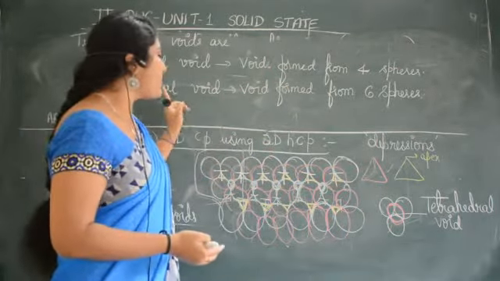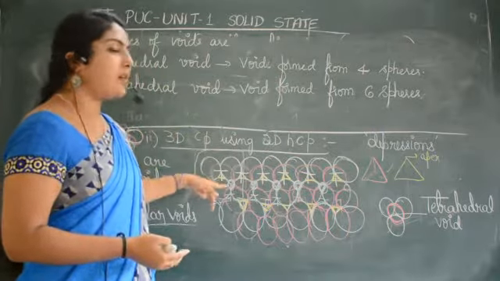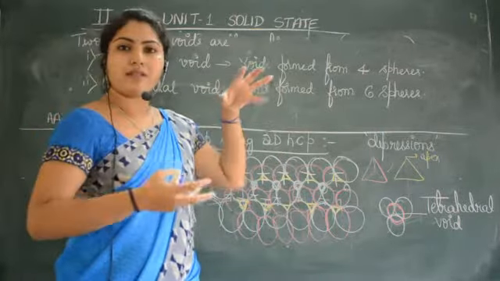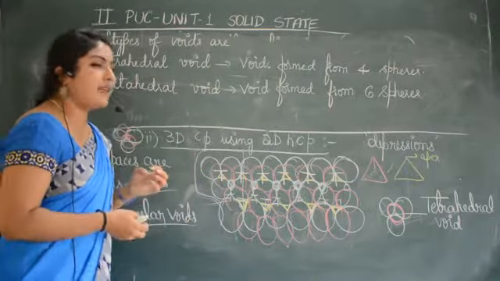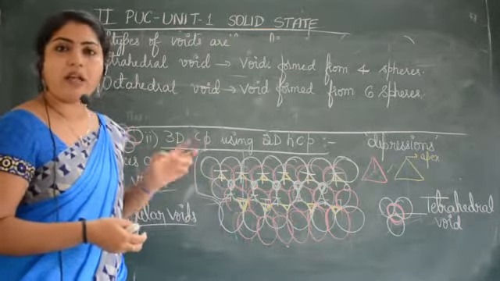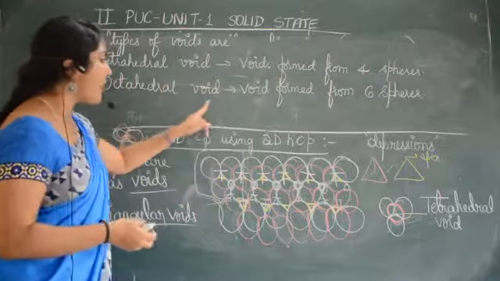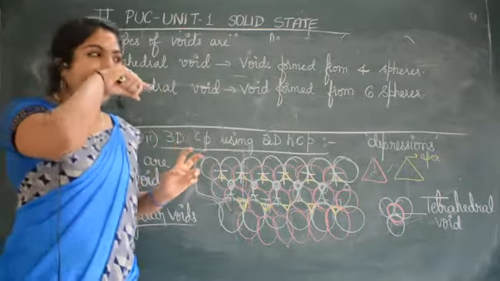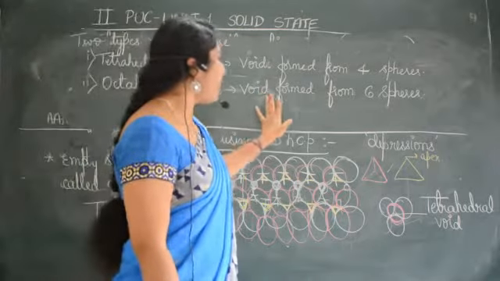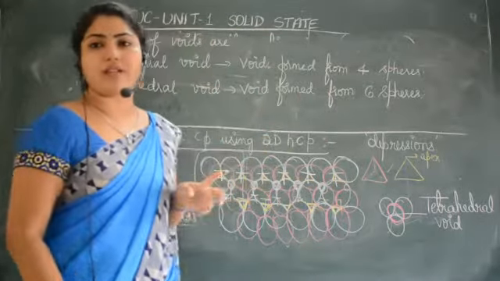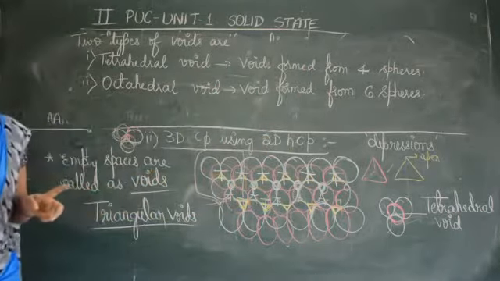And it is called an octahedral void because the void formed using 6 spheres, when joined, looks like an octahedron. The geometrical shape seems to be like that. Therefore octahedral void is formed from 6 spheres, tetrahedral void by 4 spheres.